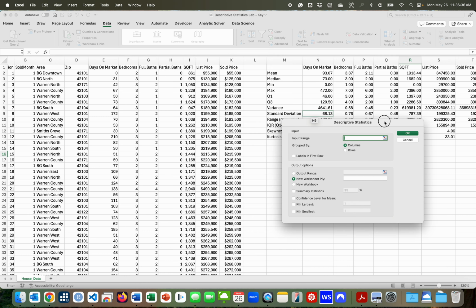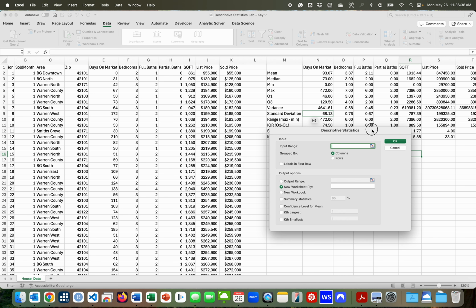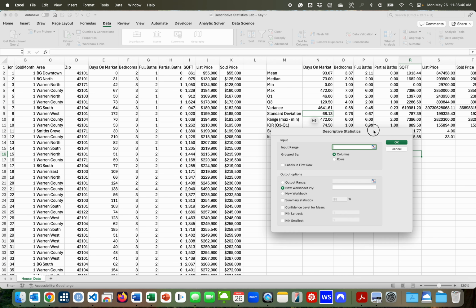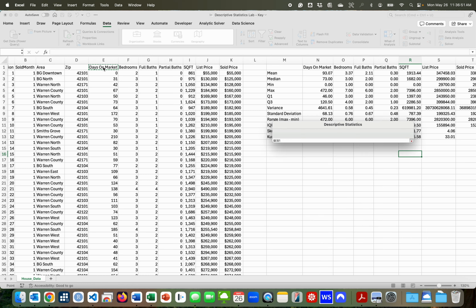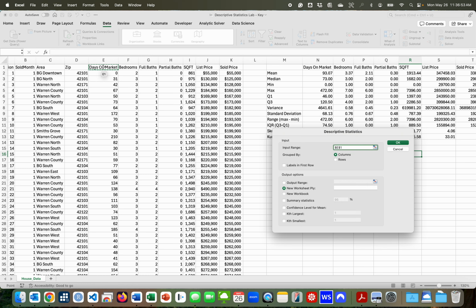The input range is going to be the range of your data that you want to describe. Now, if you put non-numeric data in here, it's going to give you an error. So what we want to do is go from E1, and we want to go over. So I'm just going to hold down Shift. So it's going to be E1 to K1.